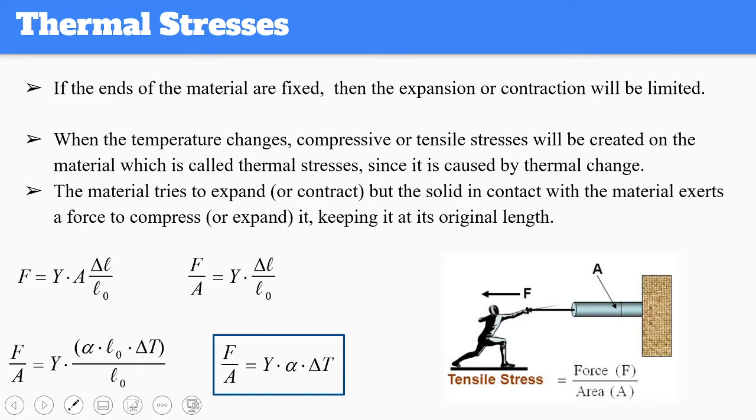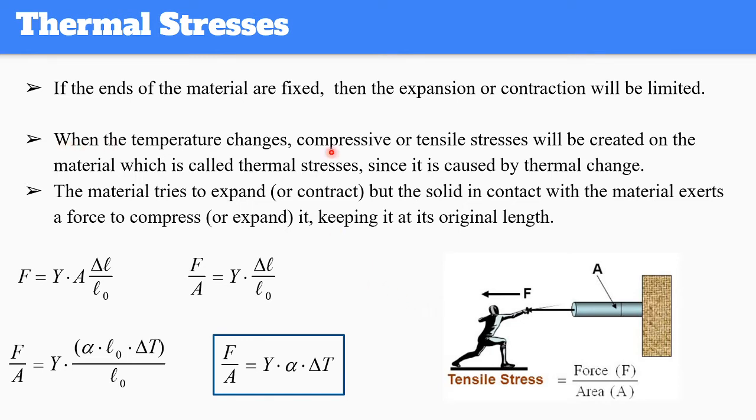All right, thermal stress. That's a little bit related to expansion and Hooke's law. If the ends of a material are fixed, so we are trying to expand things, but you're blocking it, then it's not going to be able to actually expand. So what is it going to create? It's going to create some stress.